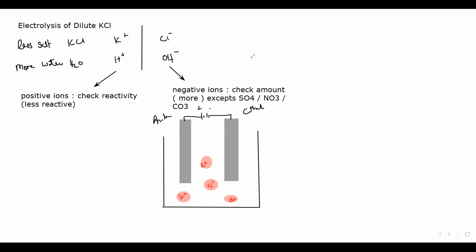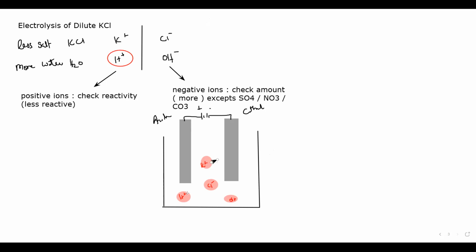For positive ions, we check the reactivity. Which one is less reactive here in this example, potassium or hydrogen? When we check the reactivity, hydrogen, yeah, that's right. So hydrogen is less reactive, so hydrogen will discharge.